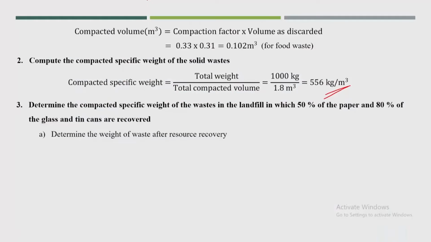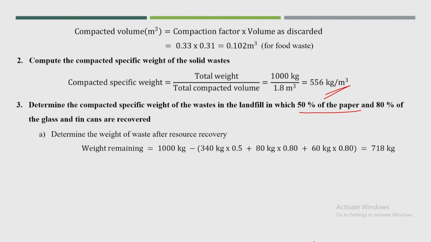Now, the other waste diversion program was given, where 50% of paper and 80% of glass and tin can be recovered. First, we will calculate the weight remaining. The total weight was 1000, and the weight of paper was 340, glass was 80 and tin was 60.